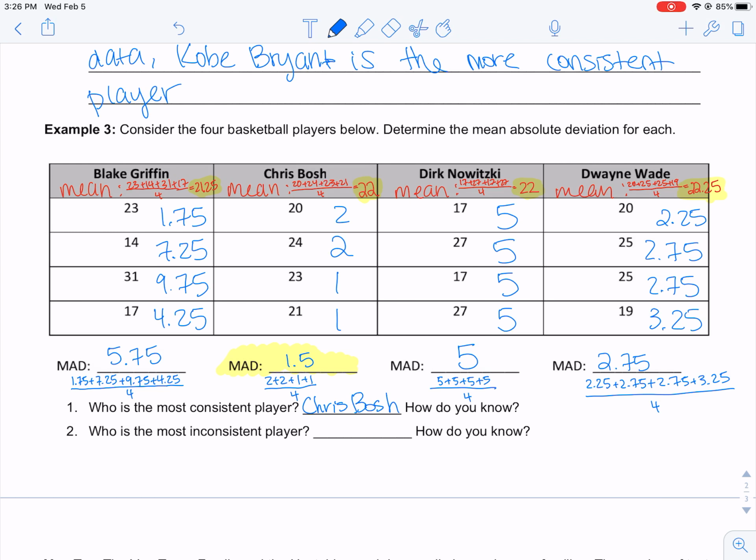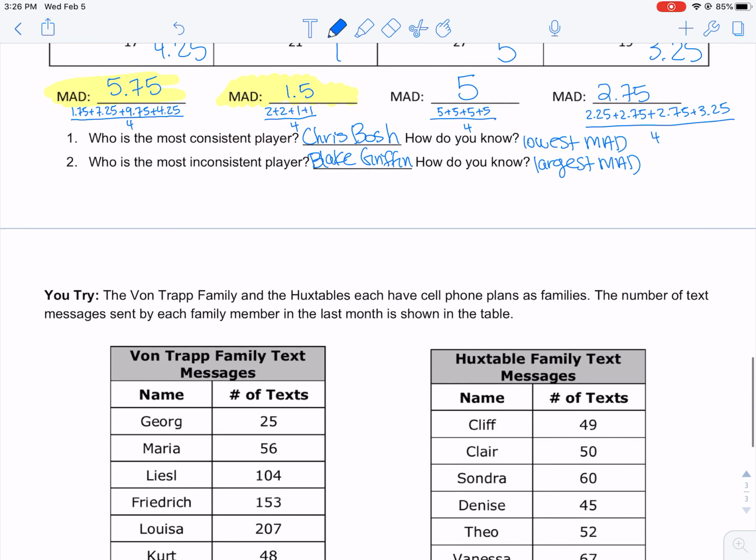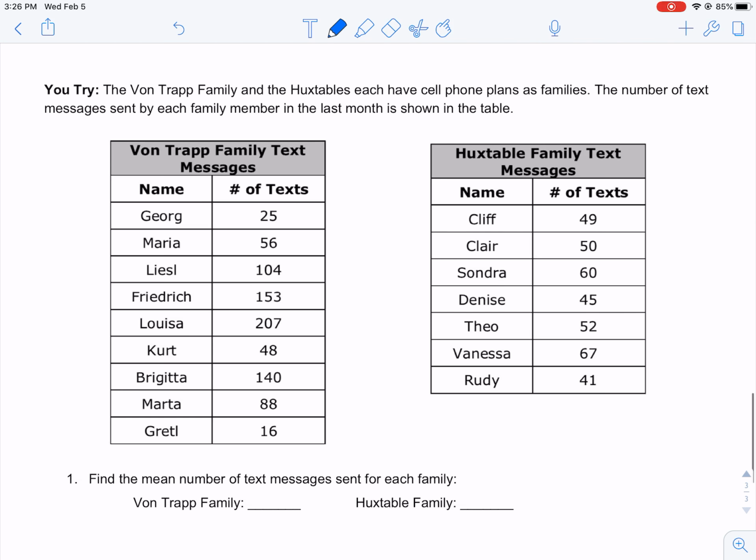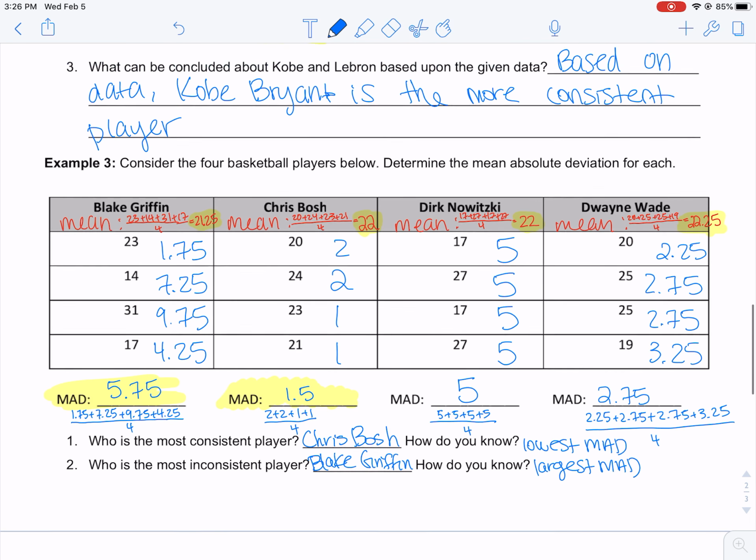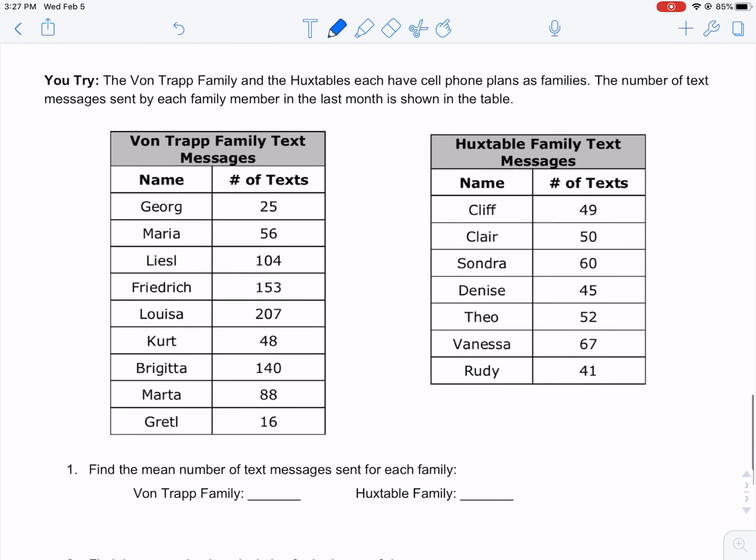And we're looking now at the largest MAD, which is Blake Griffin, because he has the largest MAD. Okay, and that's it. Now try the last question by yourself by using the notes that I gave you from the first page. Okay, good luck.